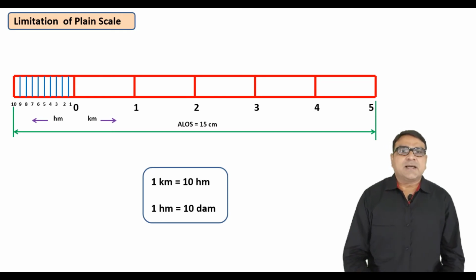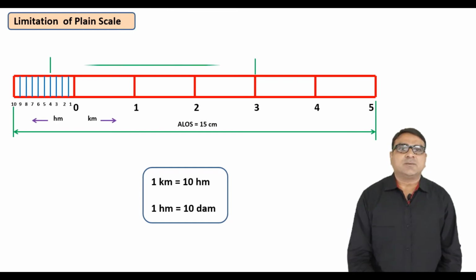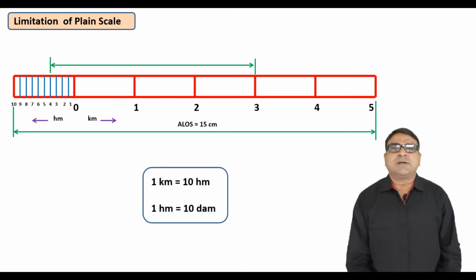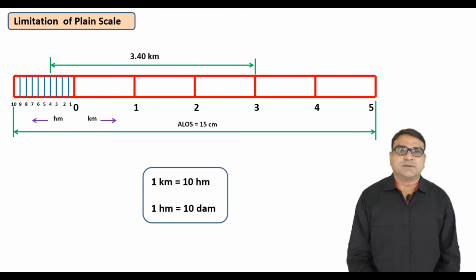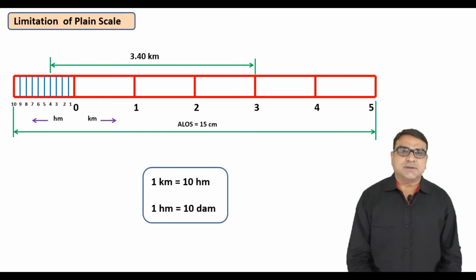Now in this scale, suppose I want to show the distance of 3.4 kilometer. You can easily show it from 0 to 3 kilometer plus 4 hectometer, meaning 3.4 kilometer. Here 3.40 kilometer means 3 kilometer plus 4 hectometer plus 0 decameter.